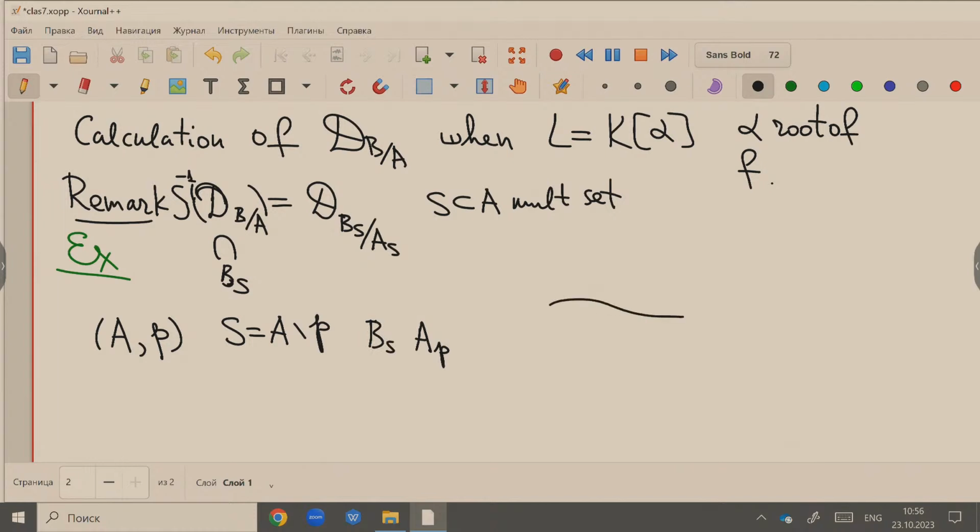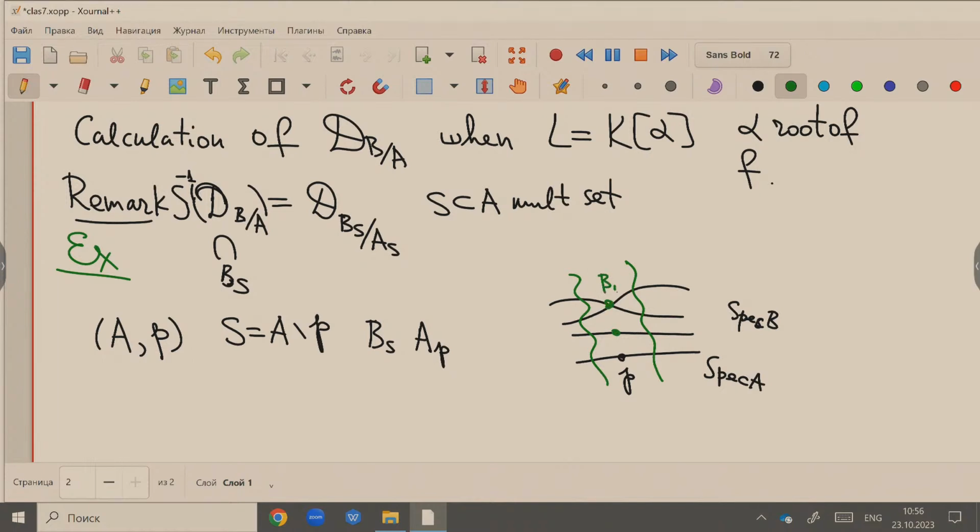So that means that you had the spectrum of A and the spectrum of B. So you localize in the neighborhood of P, and geometrically this means that you neglect all the points that are outside of the preimages of P, and you are interested only in the B_i's lying over P. Only they survive after this localization.